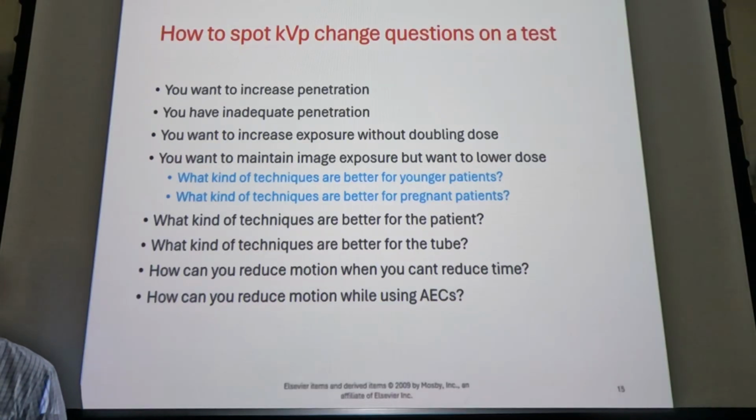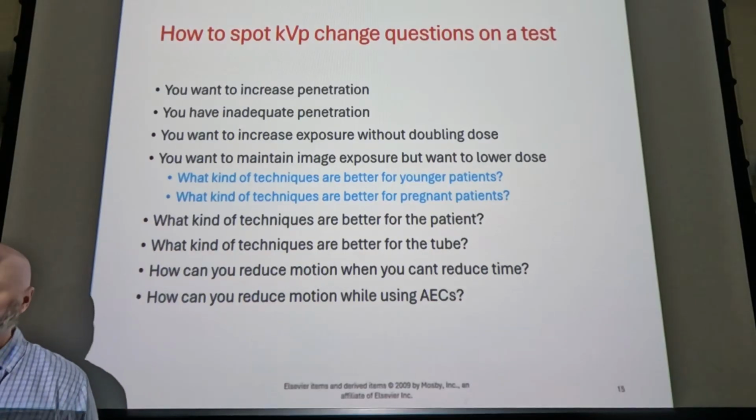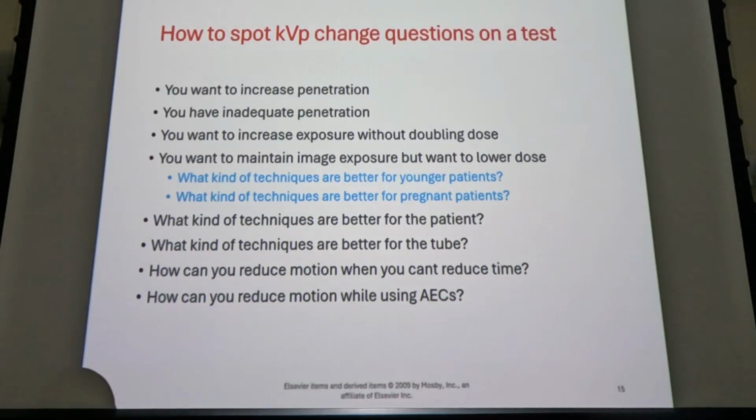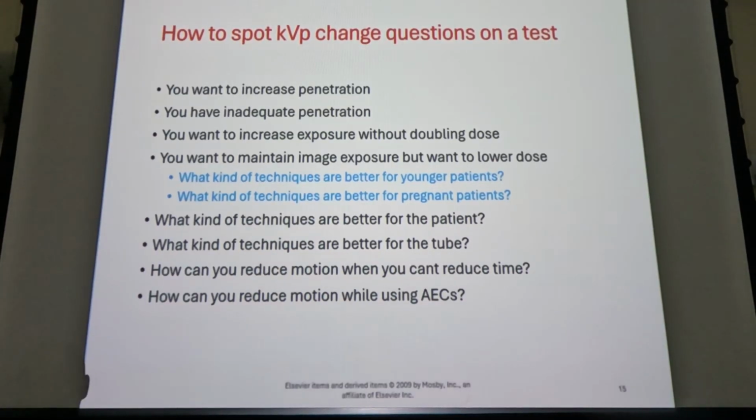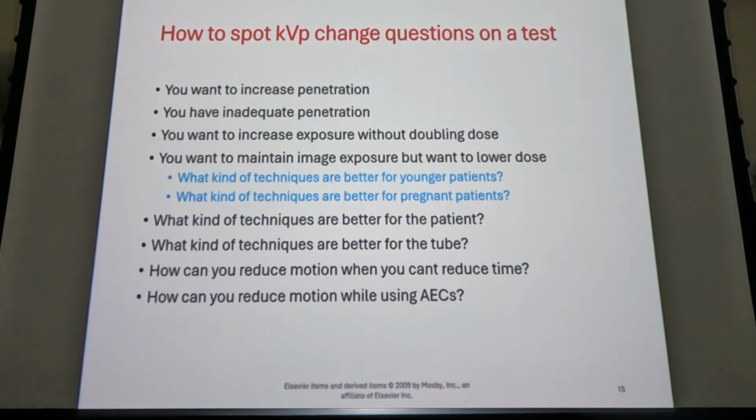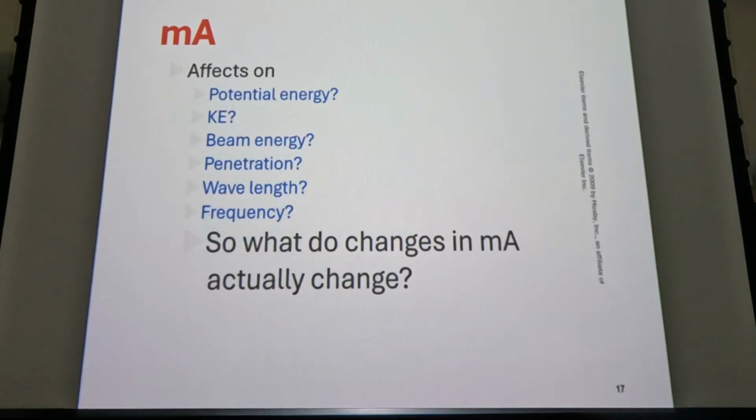That is, you increase your mA station, or you increase your kVp, and your phototimers automatically reduce your mass. Okay, I wanted to make sure that was squared away. All right, so those are the things you're going to look for on test questions, to spot likely kVp as an answer to that.